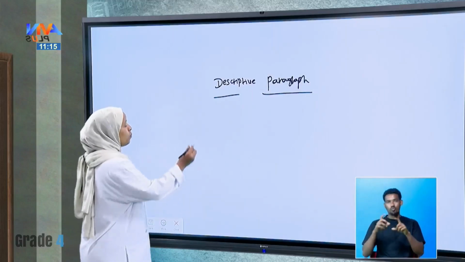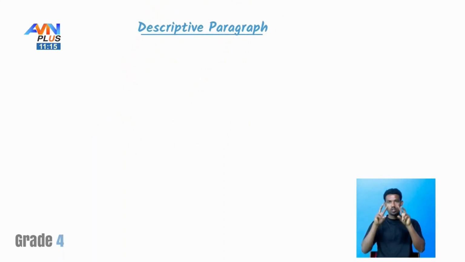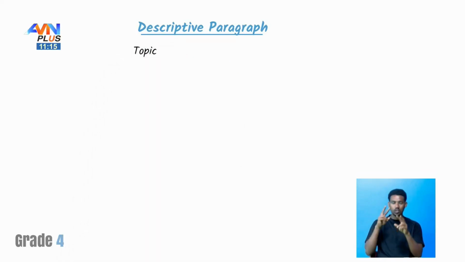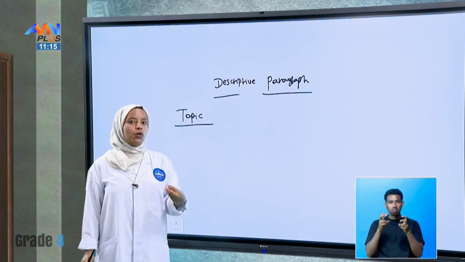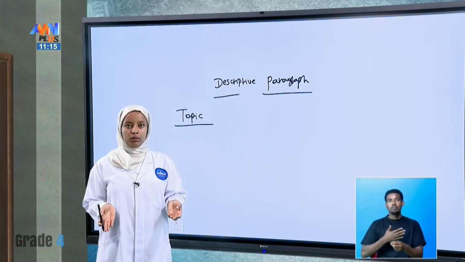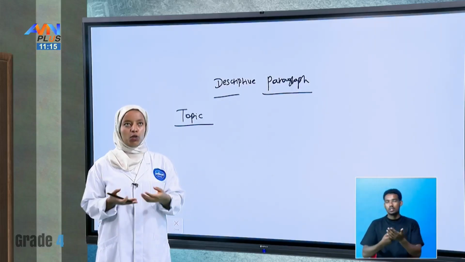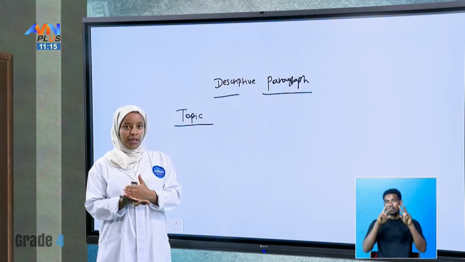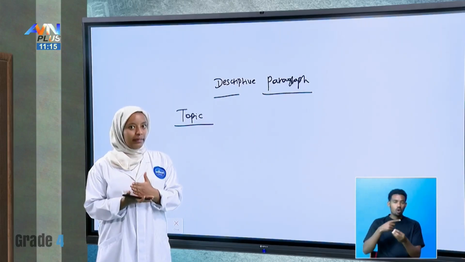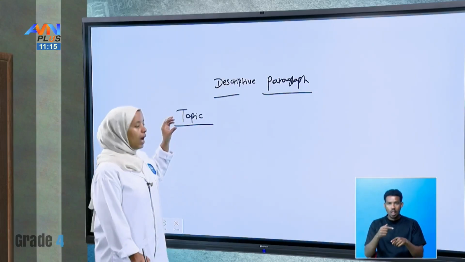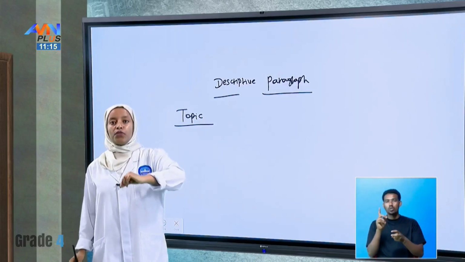When we come to the parts of a paragraph, the first one is the topic. The topic is not a title. Actually, we can have a title, for example, my pet animal, or my friend. That is the title that you are going to write about. But the topic sentence is different. It tells only the topic, what you are going to write.